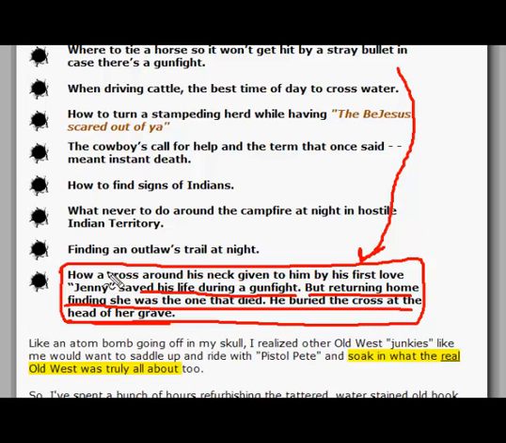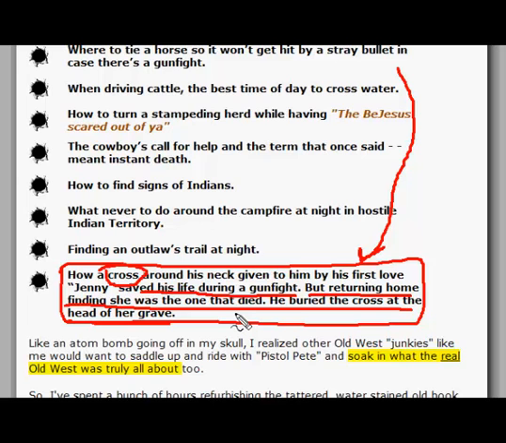Rather than referring to the cross here, I would say, for example, how a gift from his first love, Jenny, saved his life, but couldn't save hers, and what he did with the gift at her funeral.